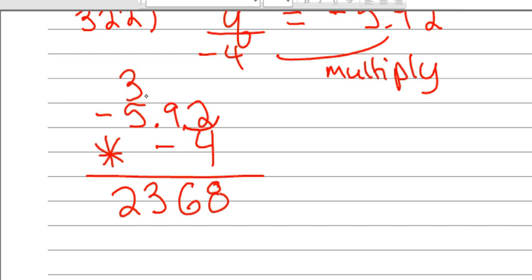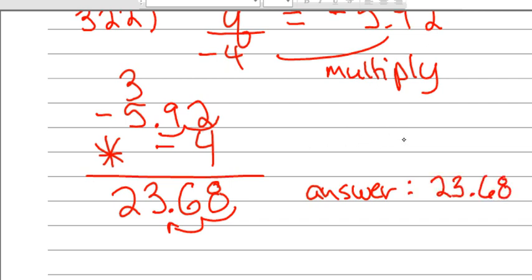Well, I have 2 spots behind the decimal, so I'm going to go over 2, and my answer is a positive 23.68. I am going to check that really quick on my calculator. Yep, that is right.